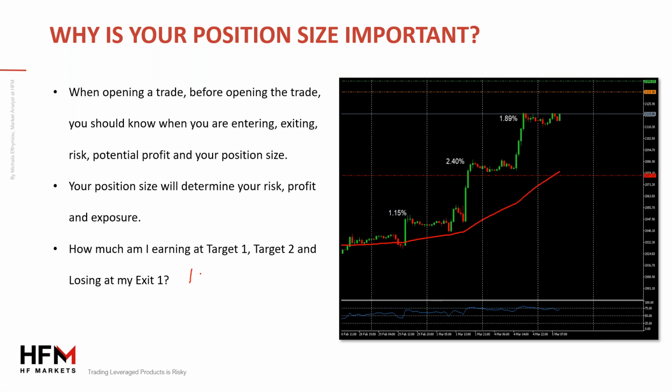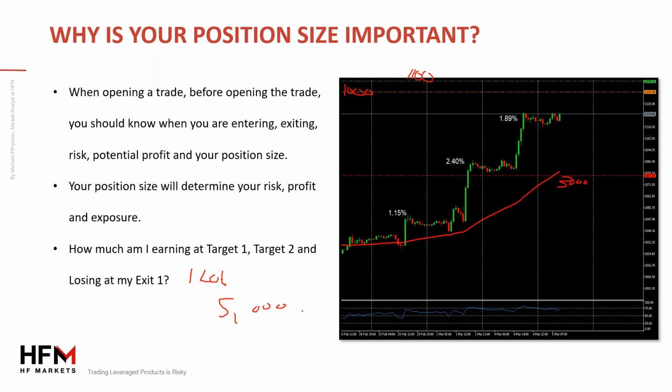So for example, if I'm opening one lot, it may potentially mean that at this target here I'm earning 1,000, at this target here I'm earning 1,100, and at this exit I'm losing 3,000. Now, if I've got an account size of 5,000, that's not a very clever trade.